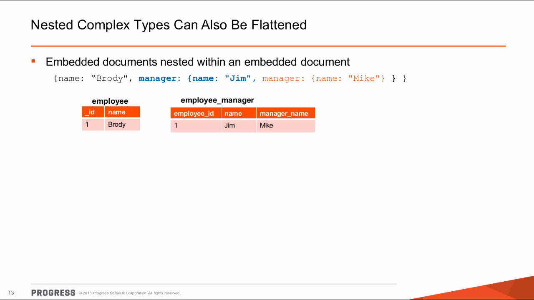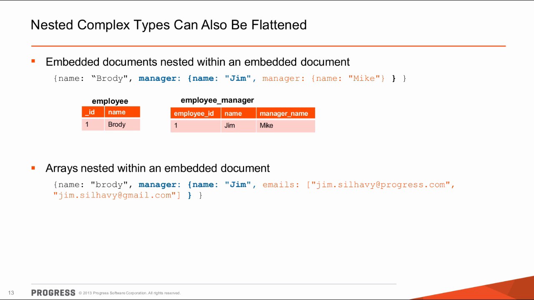So to combine normalization with flattening, again, there's a lot of power in how to map the arbitrarily complex JSON document structure into a natural, stable relational contract. And in this case, we've got managers and nested managers, but we can map that into one single child table called employee manager.